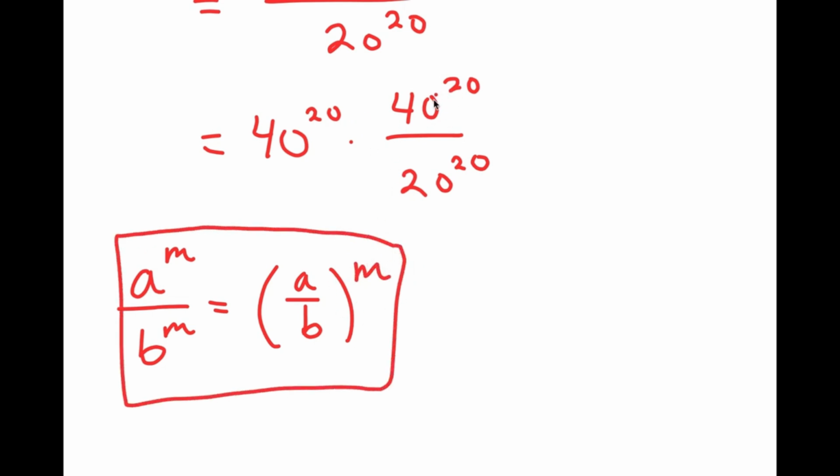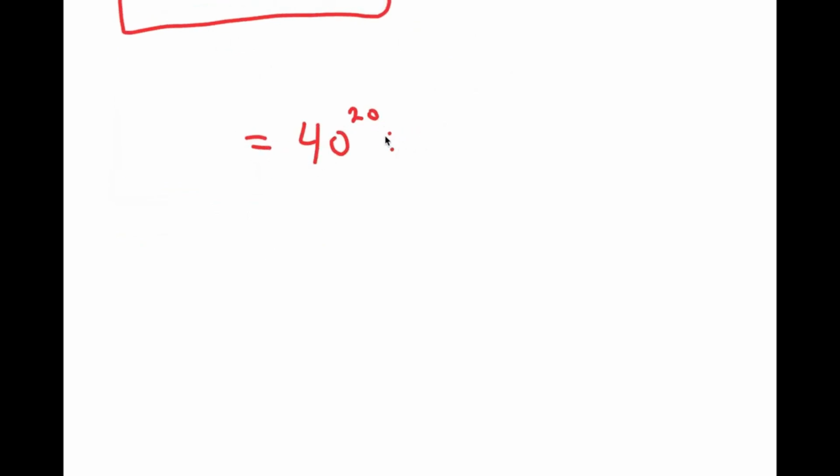So in this case, I have 40 to the power of 20 over 20 to the power of 20, and that's going to turn into 40 over 20 to the power of 20.